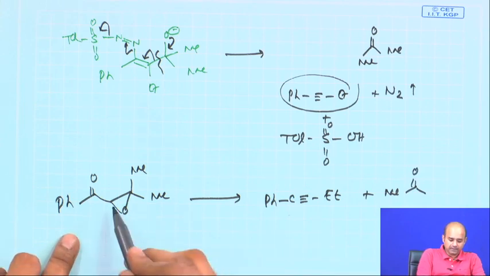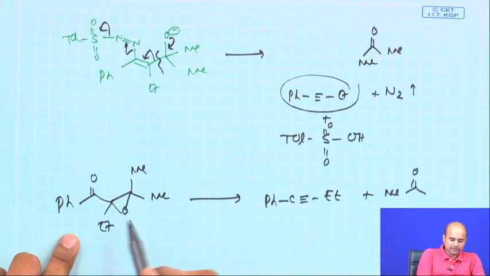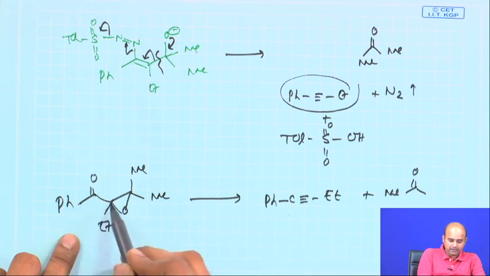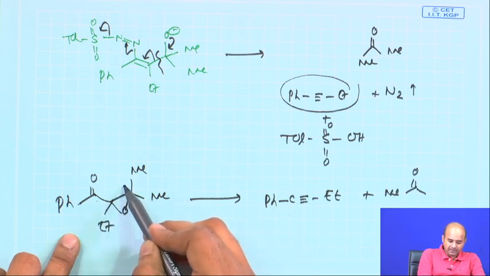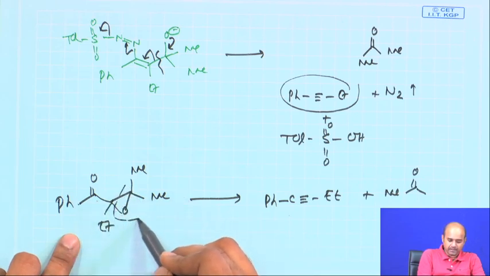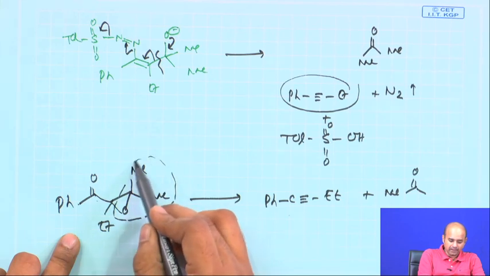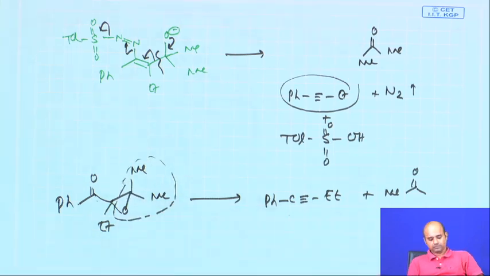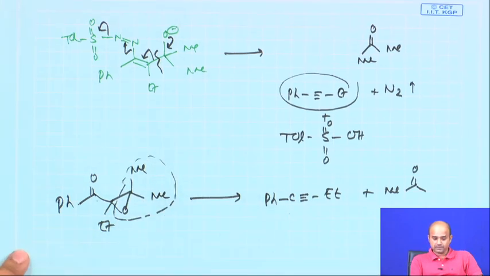So, basically you get a Ph-C≡C-Et, you get a triple bond here, and this entire part is basically fragmented out as acetone. So, this was the main reaction.